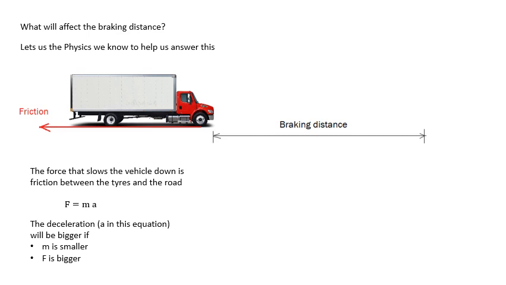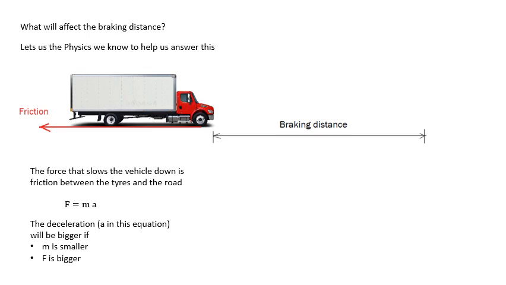So if the mass is smaller, something like a motorbike will have a much smaller braking distance than a lorry. A big heavy lorry traveling at 70 miles an hour will have a much bigger braking distance than a nippy little motorbike.